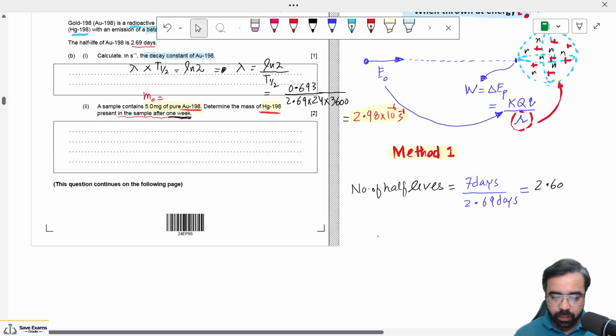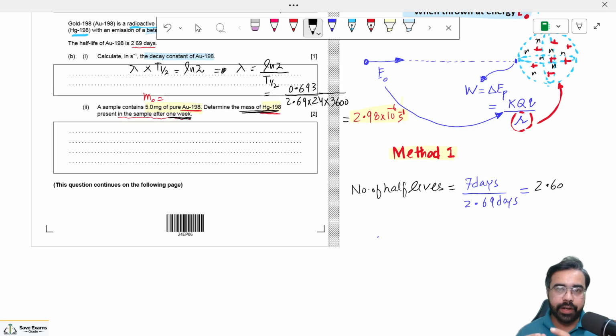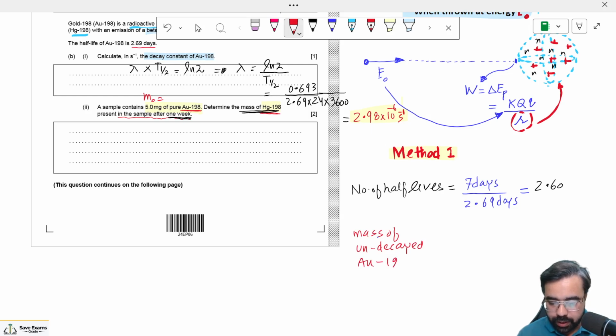Now we want to find the mass of Hg, right? So why not first find how much mass of the gold will remain behind, that is, the mass of undecayed gold, Au-198, that will be left behind.